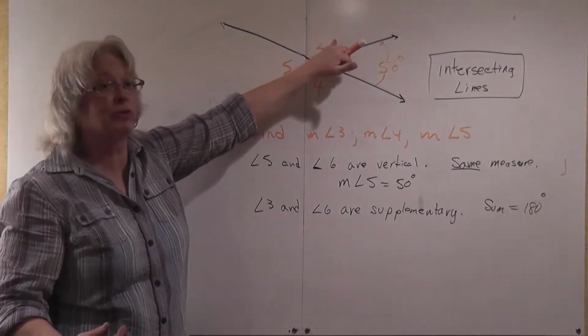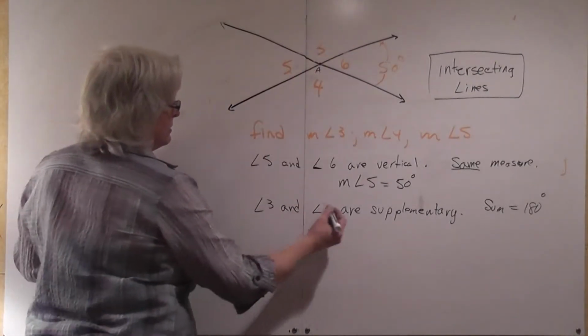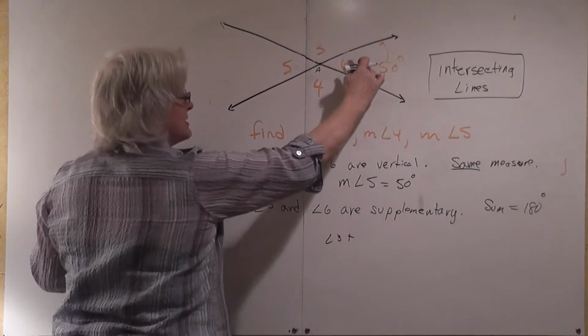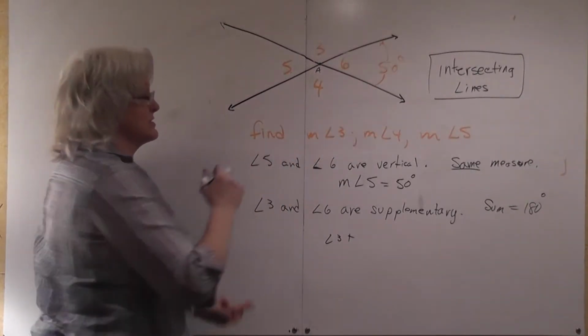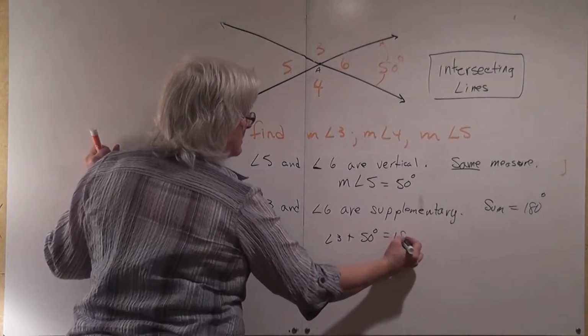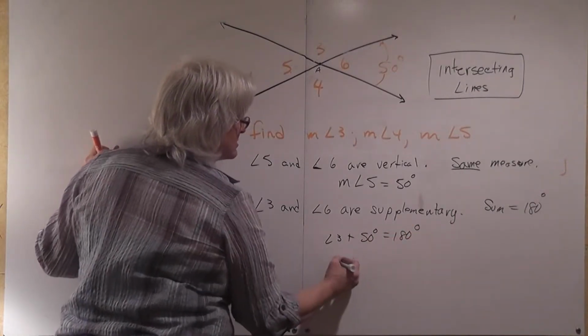So angle 3 plus angle 6, the measure of angle 6 is 50 degrees. That has to be equal to 180 degrees.